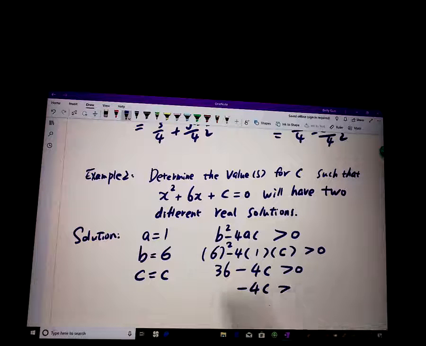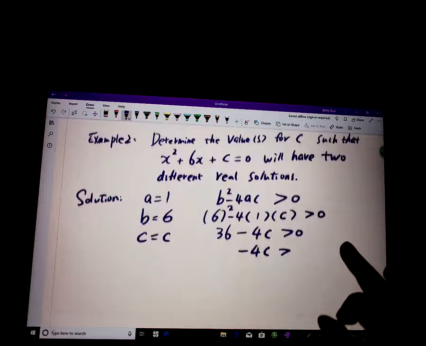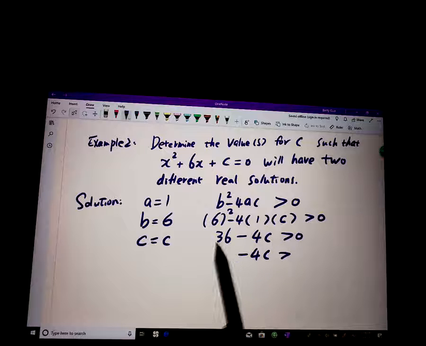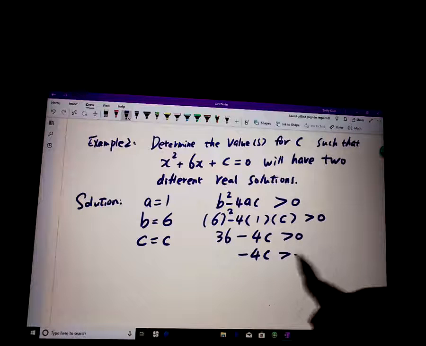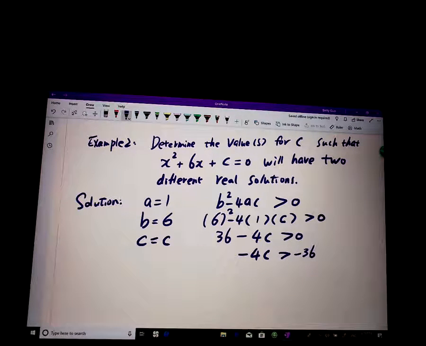We are solving this linear inequality. Remember how we solve a linear inequality? I'm going to get rid of the 36 here. Move 36 over, negative 36, or you can subtract 36 from both sides. And then I want to get rid of the negative 4, so I divide both sides by negative 4.